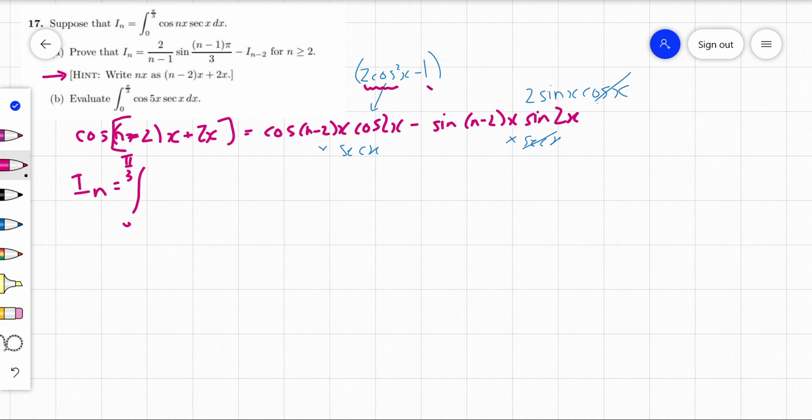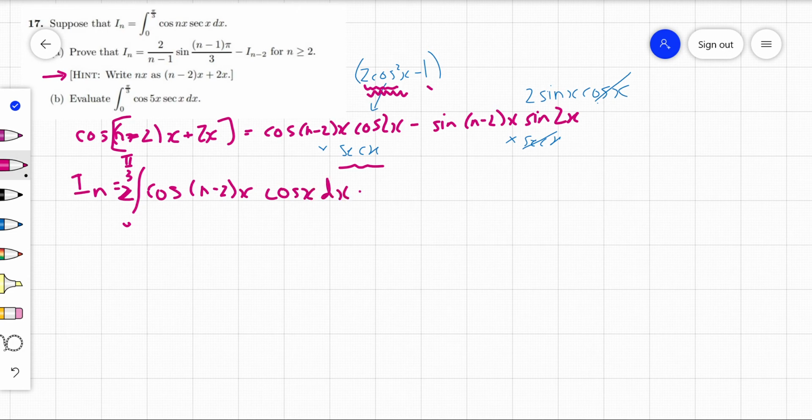I'm going to get the cos n minus 2x, and I'm timesing by cos. I'll put the 2 out the front, that'll make it easier. One of the cos squareds here is going to be cancelled out by a sec, so it will just be one of the cos x's left.